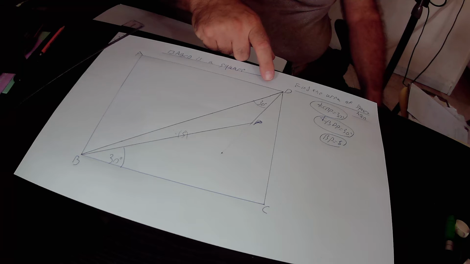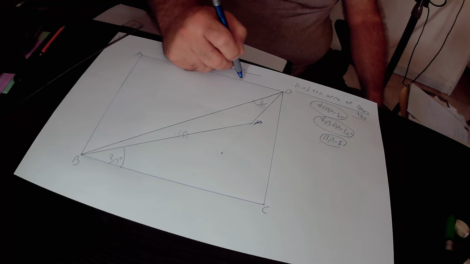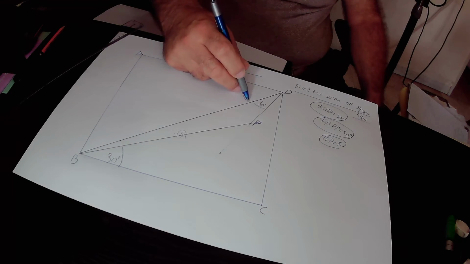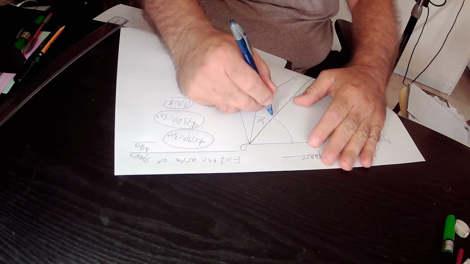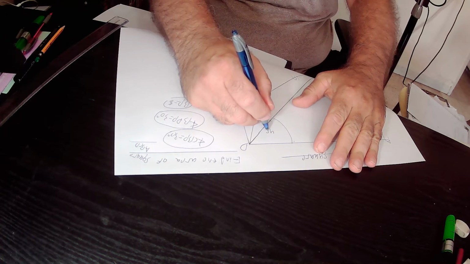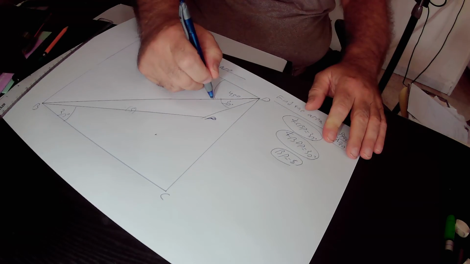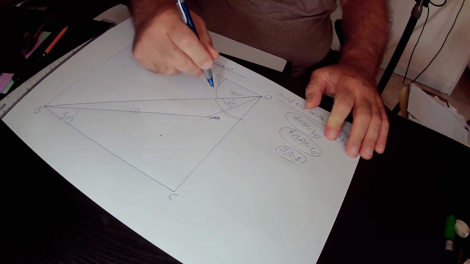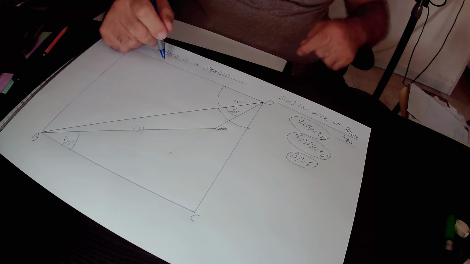Each half must be equal to 45 degrees in its size. So this is the first half, that equals 45 degrees in its size. And this is the second half, that must be equal to 45 degrees in its size.